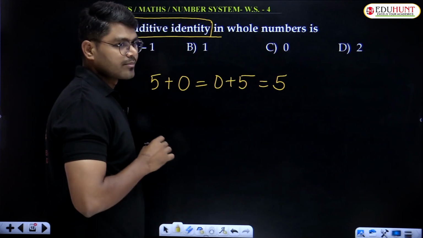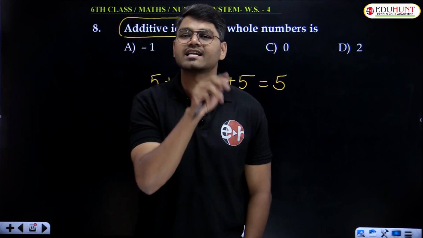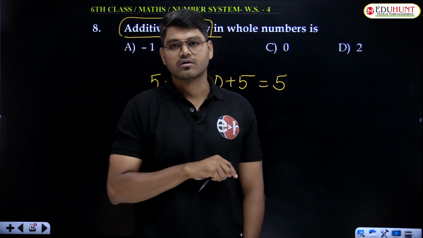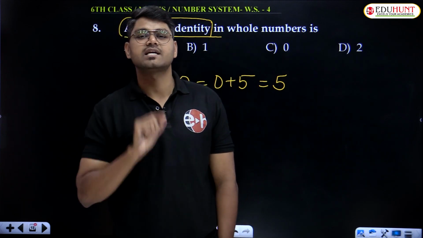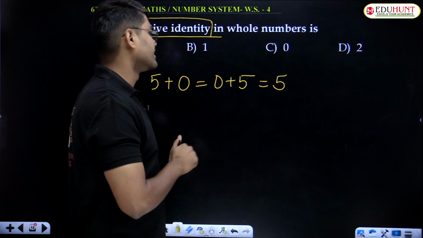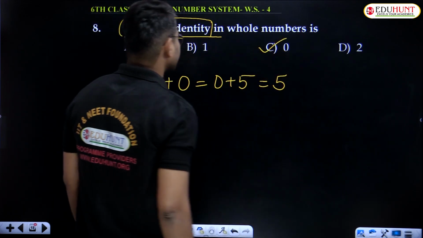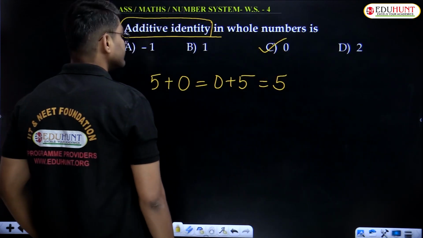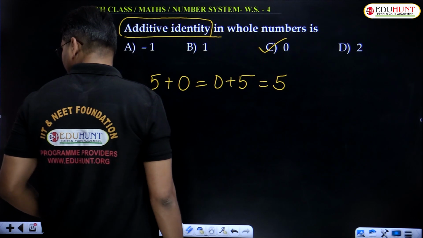If I add two numbers, where one number is any number and another number must be 0, then the result must be the original number only. That is called additive identity. That's why 0 is called additive identity. Here option C is nothing but additive identity 0. Let's move on to the next question.